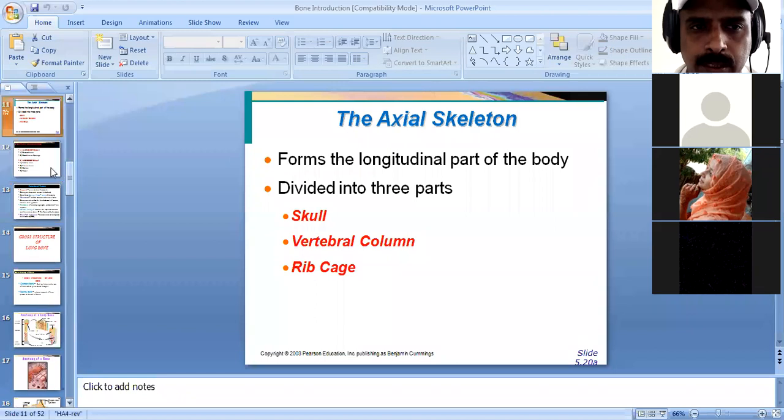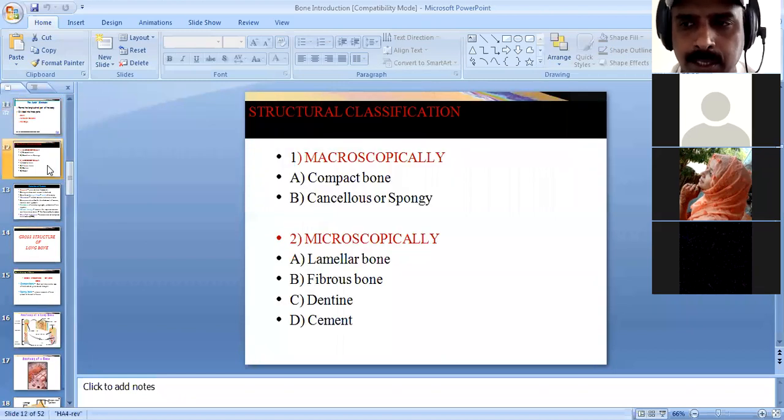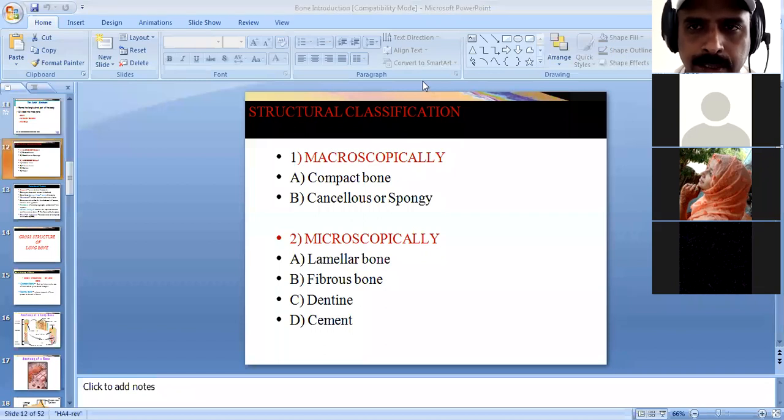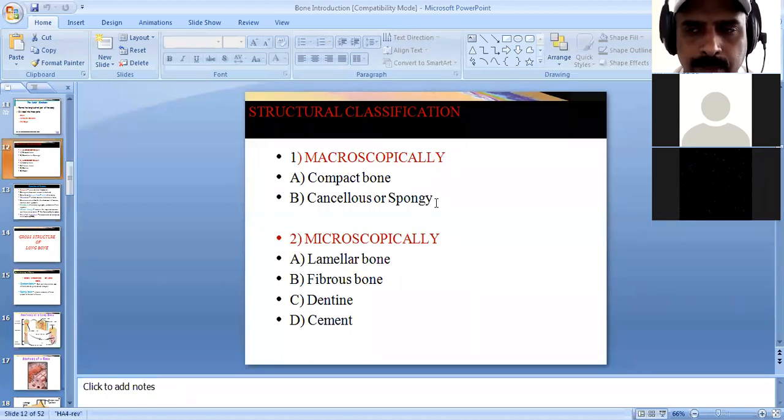Now we are going to deal with one more, the last classification, the structural classification. In the structural classification, we classify macroscopically and microscopically. Macroscopically, when we cut the bone and see the parts, that includes compact bone and cancellous bone.